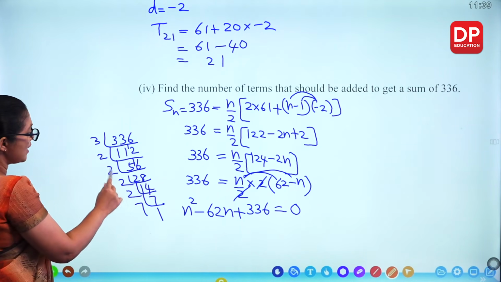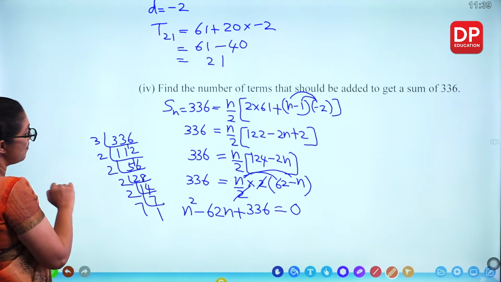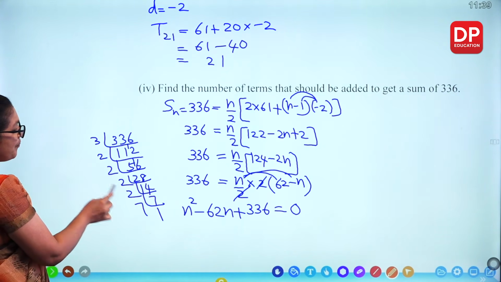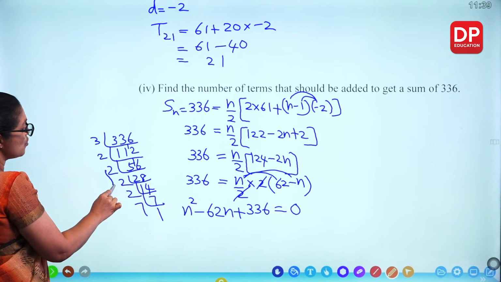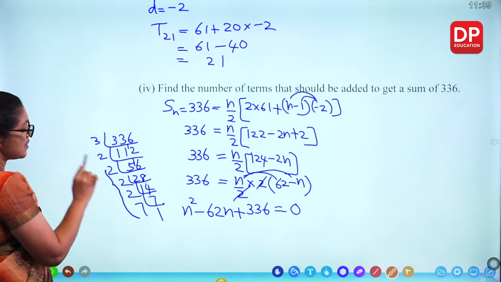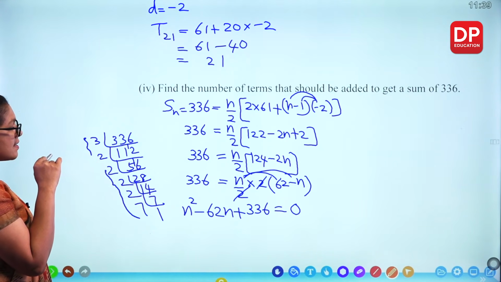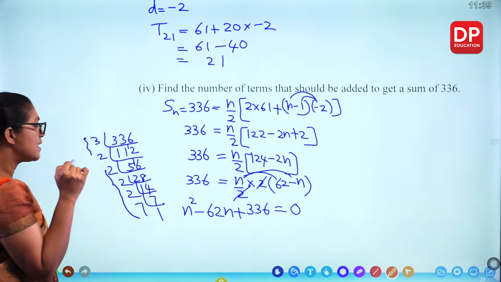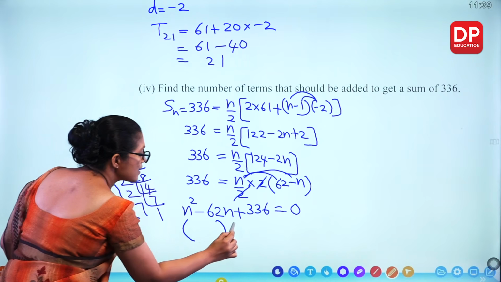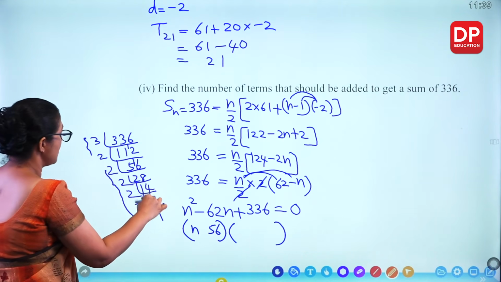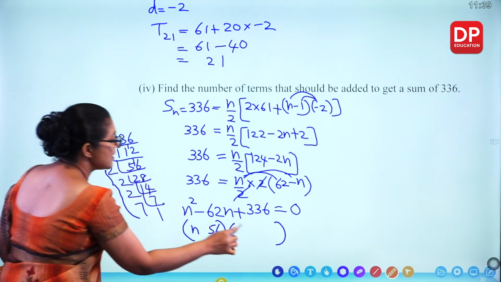So now we'll try to find out the factors of 336 to get 62. So when we look at the multiplication, we can see that 2 times 2 times 2, 8, 8 times 7, 56 and 6. 56 and 6 you get 62. So what are the factors? 56 and 6.